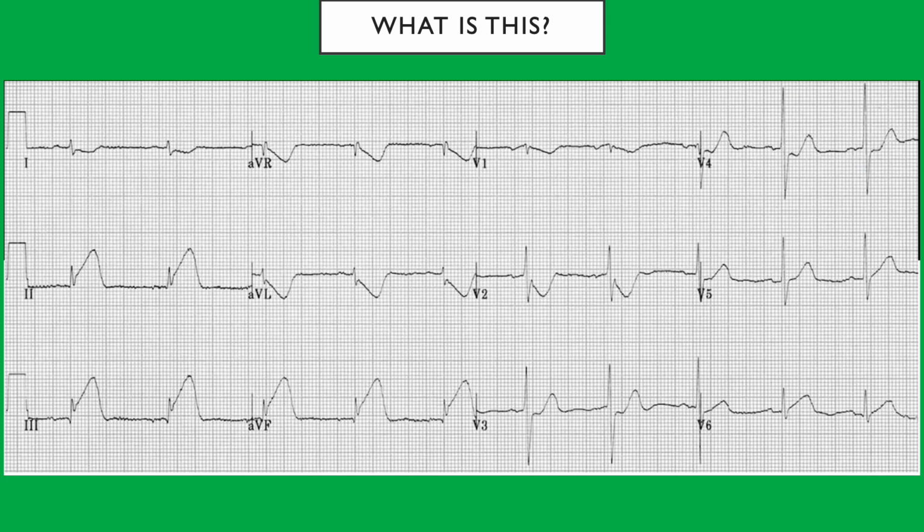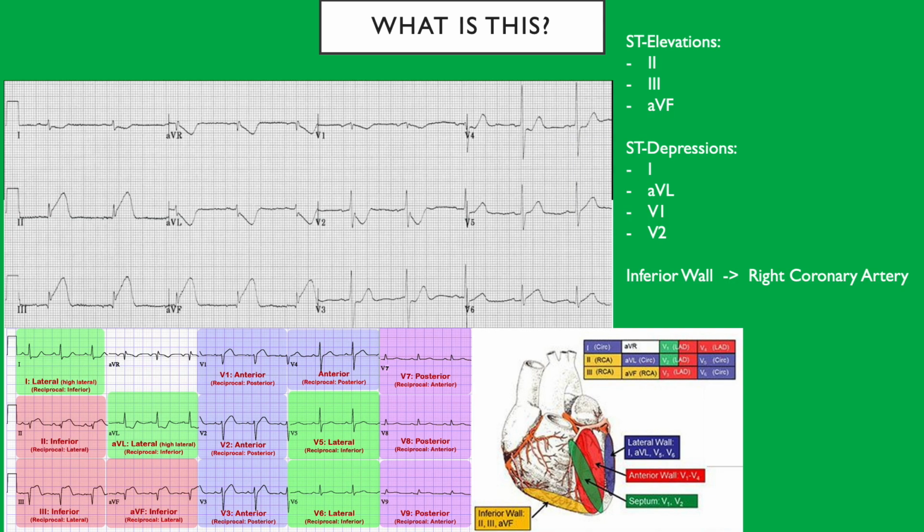So inferior is opposite with the lateral. So lateral is 1, AVL, V6, V5. So ST elevations, and then depression, depression, depression, depression. So it looks like it. So inferior wall, and we know inferior wall is right coronary artery.